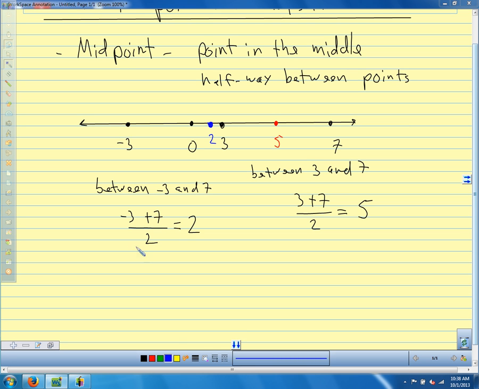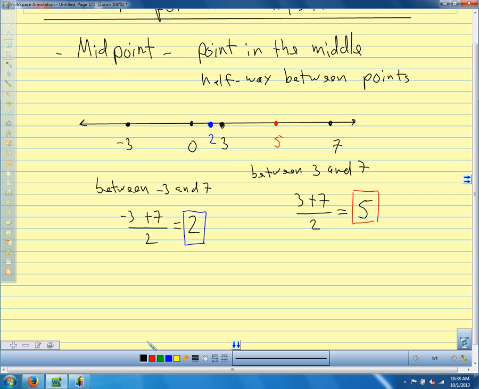It's a little harder to count spaces, but we could count spaces maybe and find our midpoint that way. But if we have really big numbers or decimals or fractions, we want to use this process. And I'm just going to circle this so we know which number went where in my different colors.